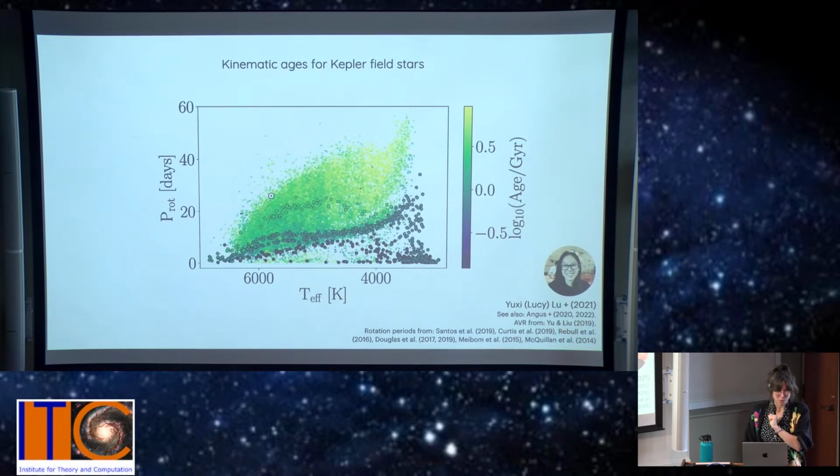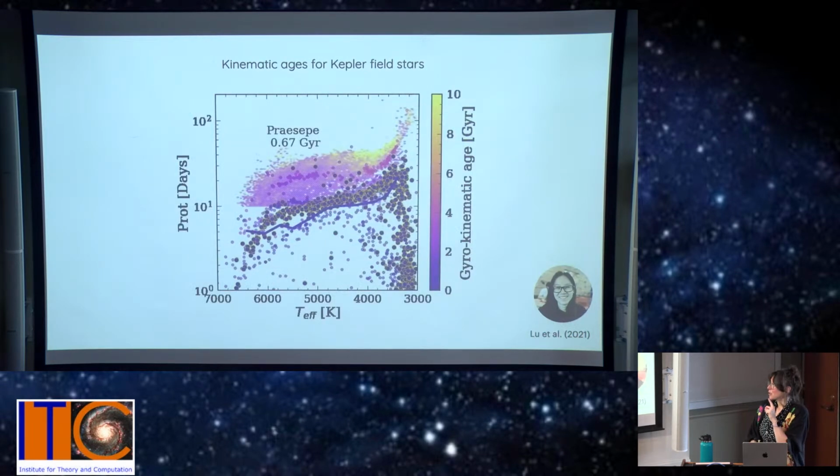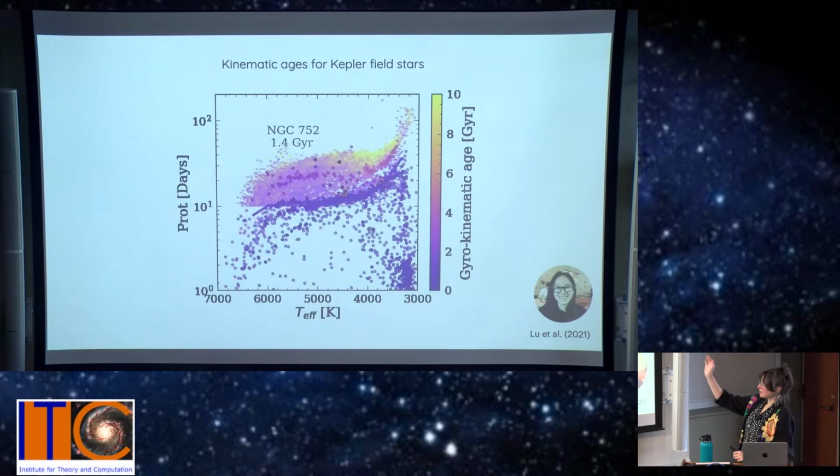Just to demonstrate that we do think these ages are accurate, let me show you this movie Lucy made. This shows, again, rotation period versus temperature, and stars are colored by their ages, or their gyrokinematic ages. The background sample there is the gyrokinematic age sample, and then these points with dark outlines are open clusters.